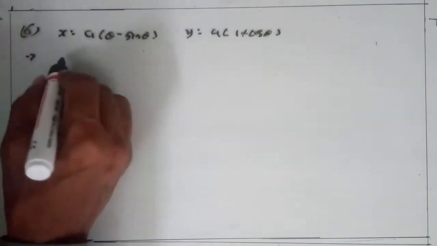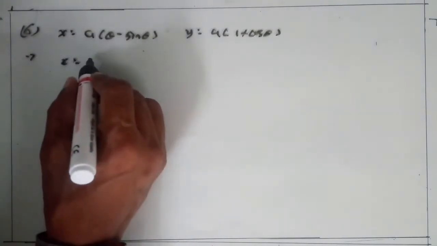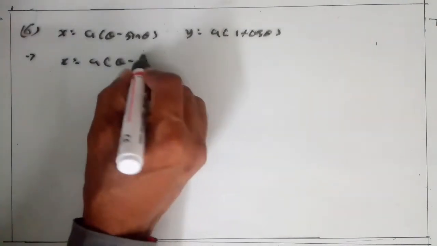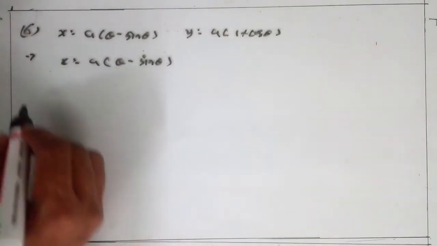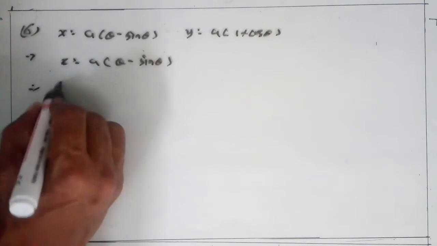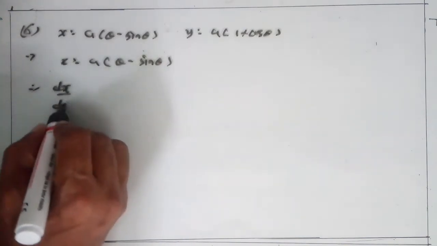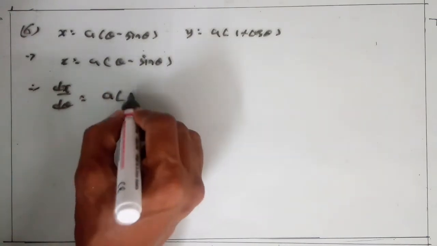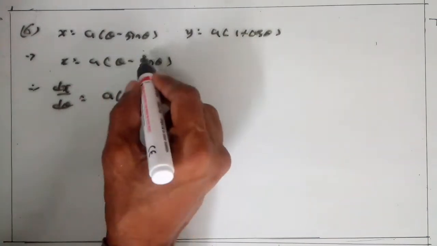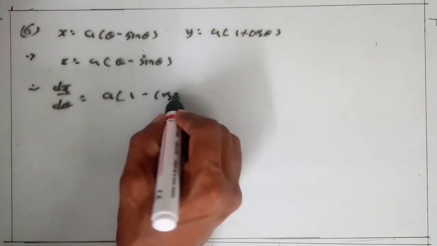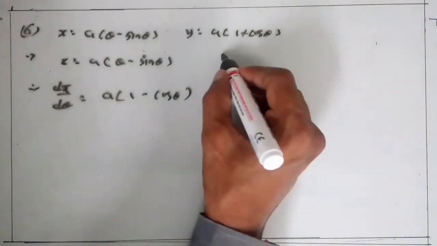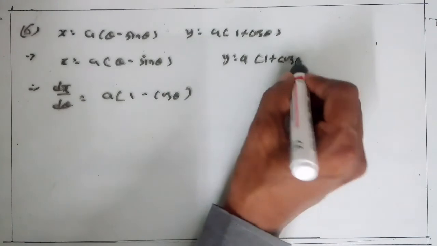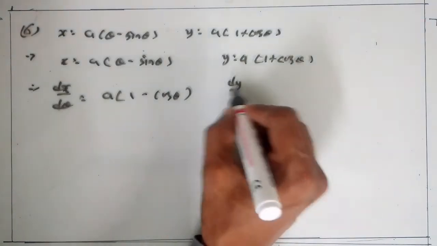For this, first we get the derivative of x with respect to theta. x is equal to a times theta minus sine theta, differentiate with respect to theta, so we get dx/d theta is equal to a times the derivative of theta with respect to theta, which is 1, minus the derivative of sine, which is cos theta. Clear? Similarly, for y is equal to a times 1 plus cos theta, get dy/d theta.